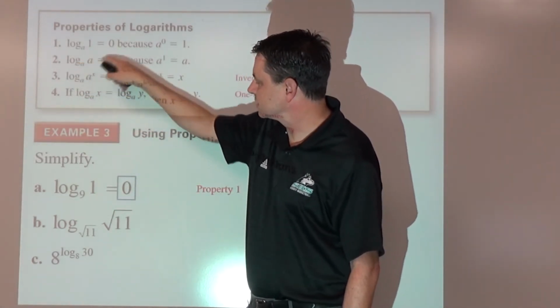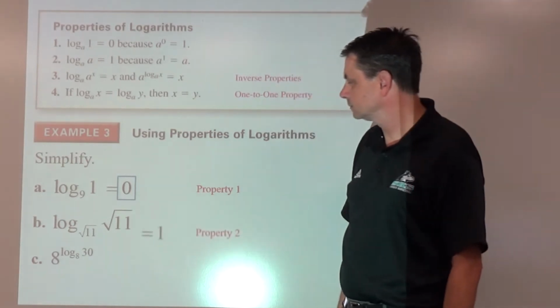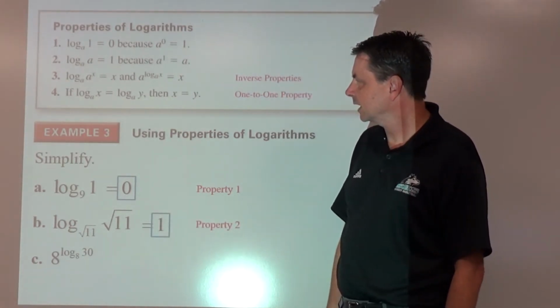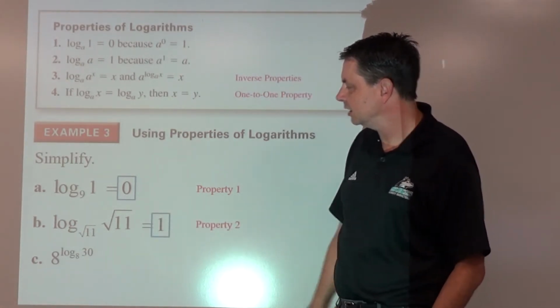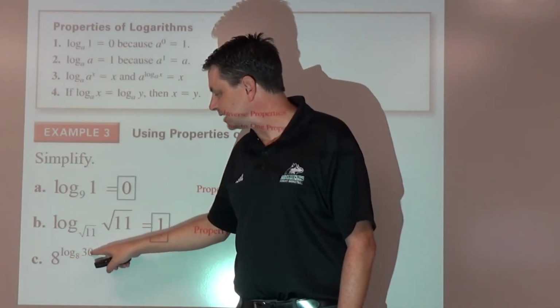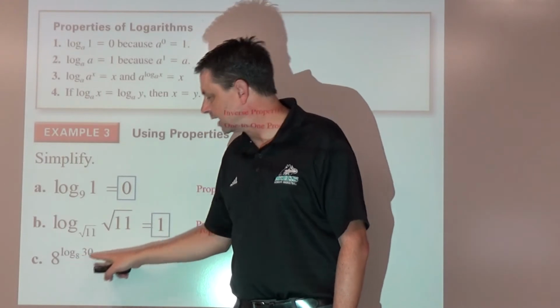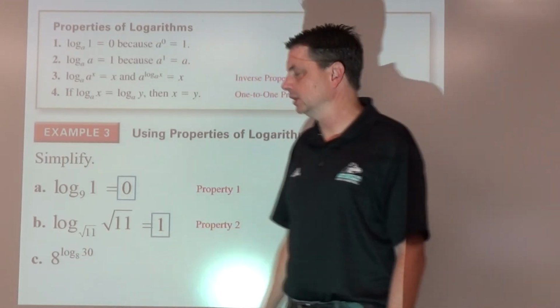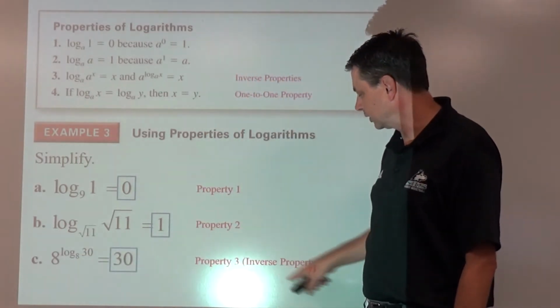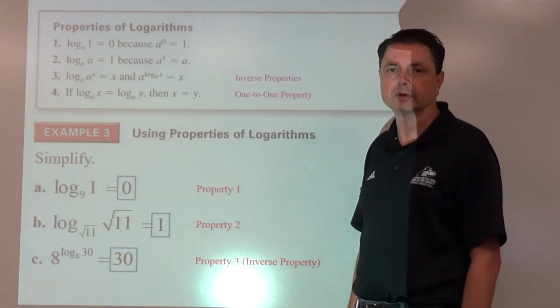Log base anything of itself will always be 1. And then part C, 8 to the power of log base 8 of 8. Since our bases are the same, those will essentially cancel out, and we're left with the 30. Property 3, one of our inverse properties.